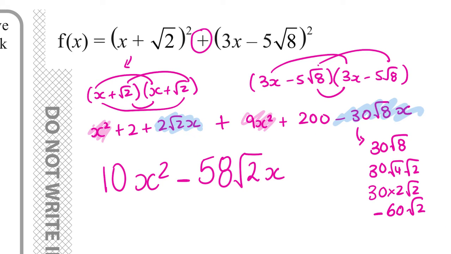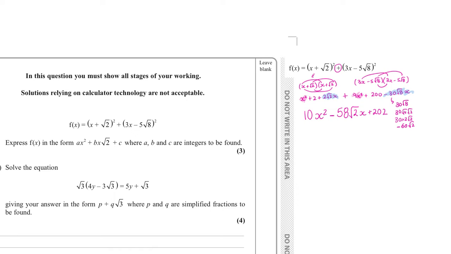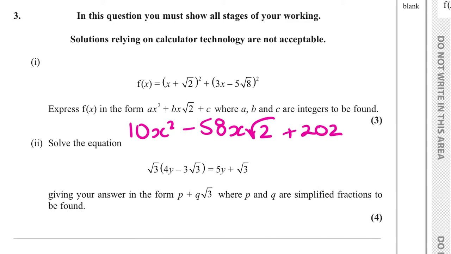Then, lastly, we have 2 plus 200, 202. We now have it in that form. So we've got 10x squared minus 58 root 2x, well, 58x root 2, if we're being a bit pedantic, plus 202. Perfect. Brilliant. 3 marks.